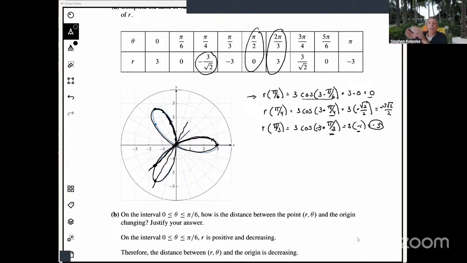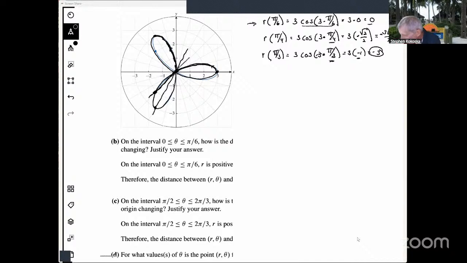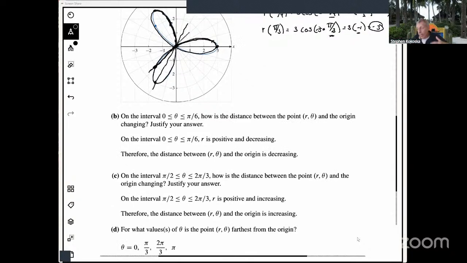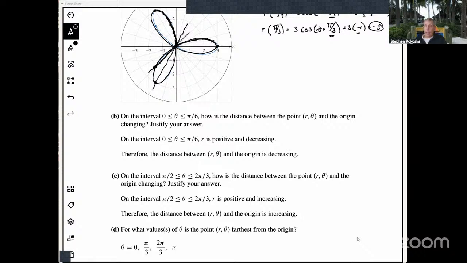I can see from looking at the curve that the distance between the point on the curve and the origin is increasing. How do we justify that in AP Precalculus lingo? Well, r is positive and increasing, and therefore the distance between the point on the curve and the pole is increasing. That's pretty cool.